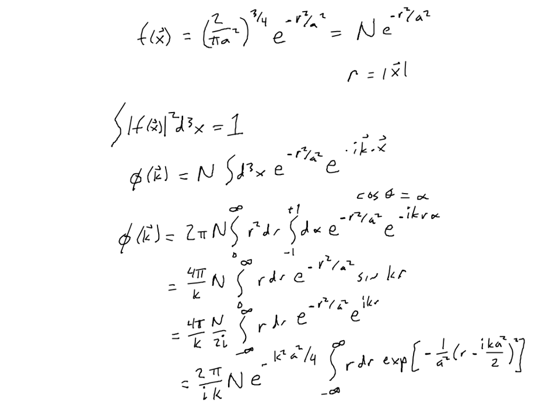I could say, well, I have a new variable, which is going to be y equals r minus ik a squared over 2, and then dy is just equal to dr. And if I do that, then it's going to simplify this entire integral.